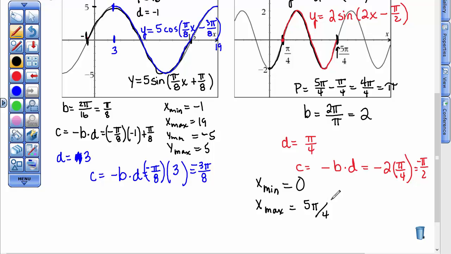I'm going to do it really fast. So 5 pi divided by 4, it will turn your x max into 3.93. You could just put a 4 in for your x max. Your y min is a -2. And your y max is a +2.